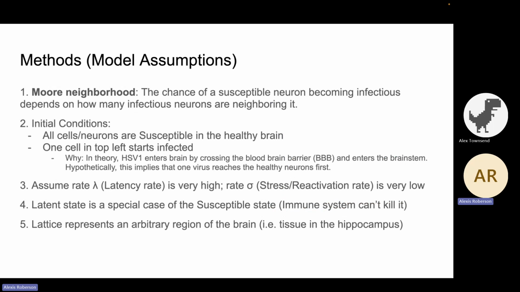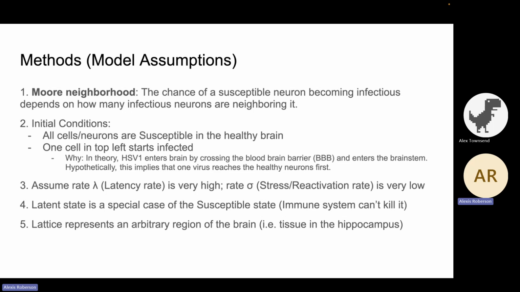For our model assumptions, we assumed a Moore neighborhood. For our initial conditions, we assumed a healthy brain, where all of the neurons are susceptible to begin with, except for one infected cell, which we assume starts at the top left, but really would probably start on any barrier or somewhere in the middle. Why?